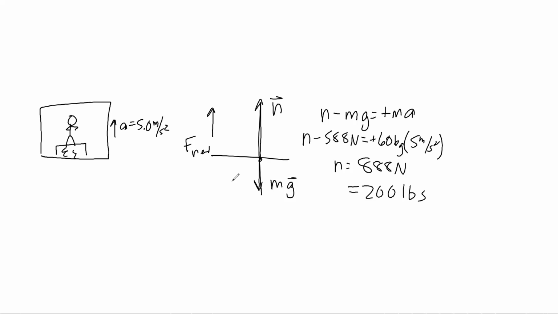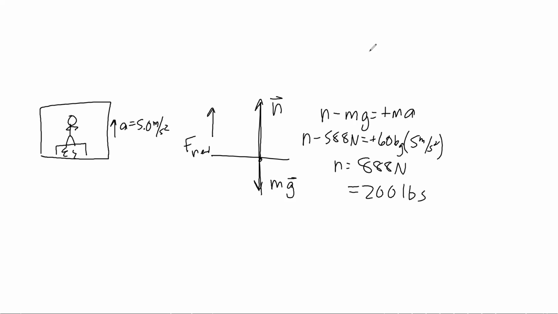So you quickly gain 70 pounds just by stepping in an elevator. And of course, if the person's accelerating downward, then the weight decreases. You'd be like 50 pounds. Oh, no, actually it'd be close to 60 some pounds, interestingly enough.